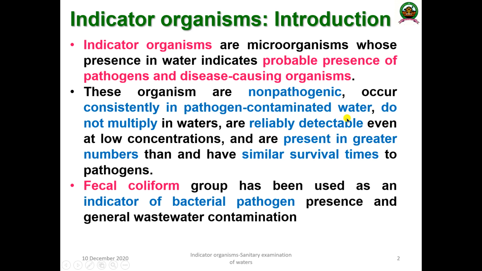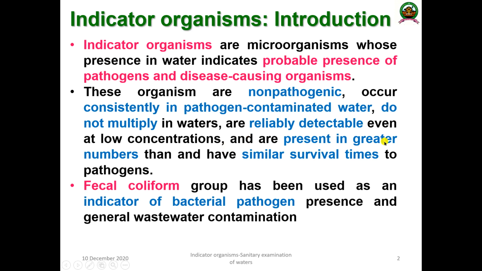It should not multiply in water, and it should be reliably detectable even at a low concentration. Even if the concentration is very low, it should be possible to detect.